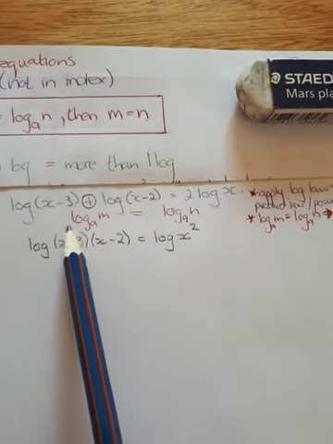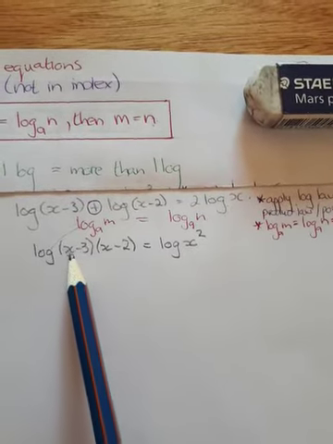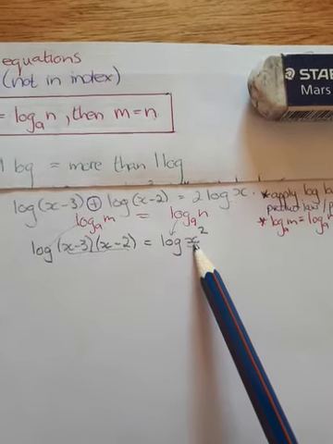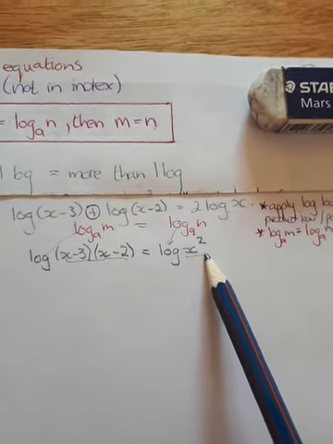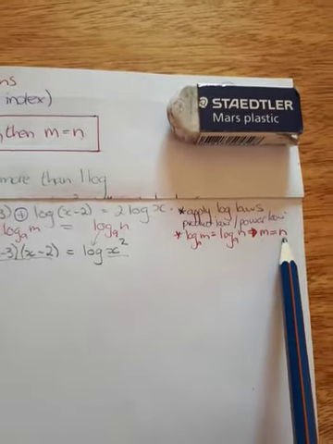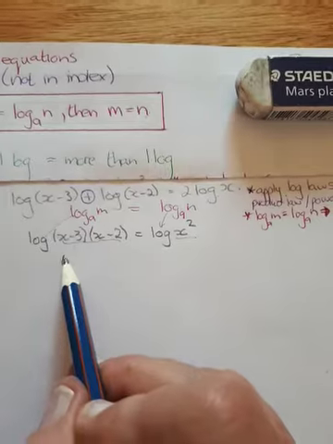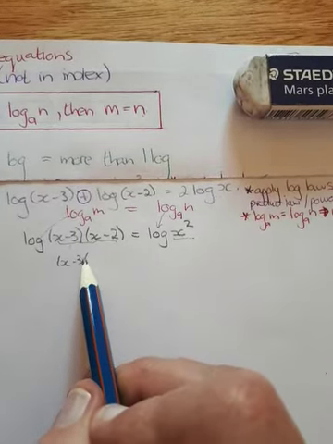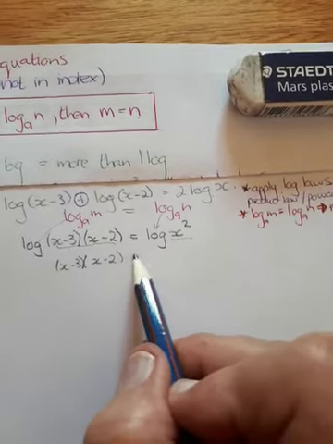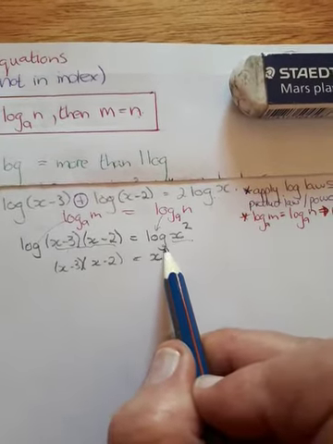Now we've got a single log, so this represents m, and we've got a single log, so this represents n, which means we can now say that m equals n, meaning that (x minus 3) times (x minus 2) is the same as x squared.